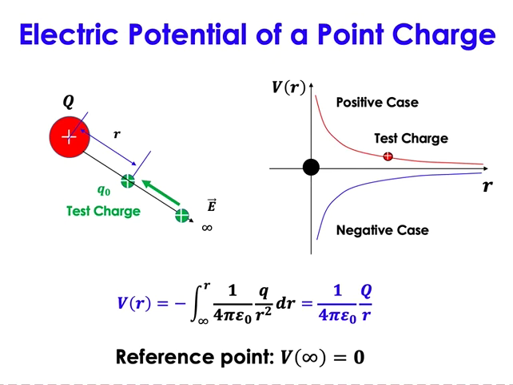The potential between this Q0 and the big charge Q is equal to 1 over 4 pi epsilon 0 times Q divided by small r. Here, we use infinity as the reference point, which means there is no physical interaction between the big Q and the test charge when the test charge is at infinity.